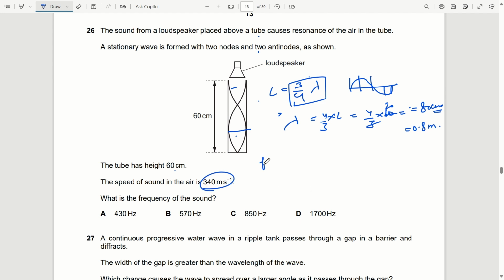Speed is given, and frequency is equal to speed by lambda, so it will be 340 divided by 0.8, which comes out to be 430 hertz.